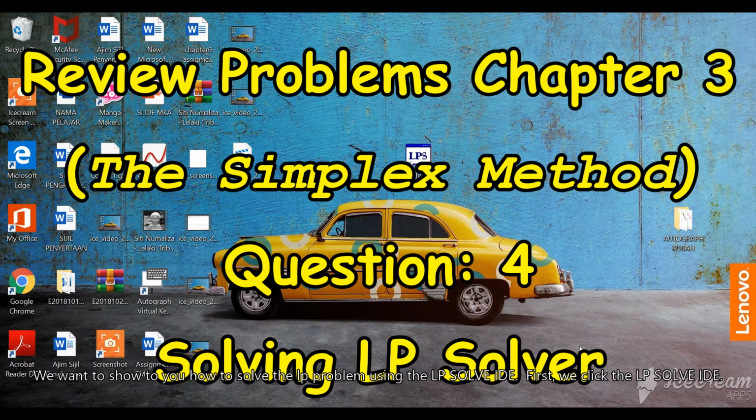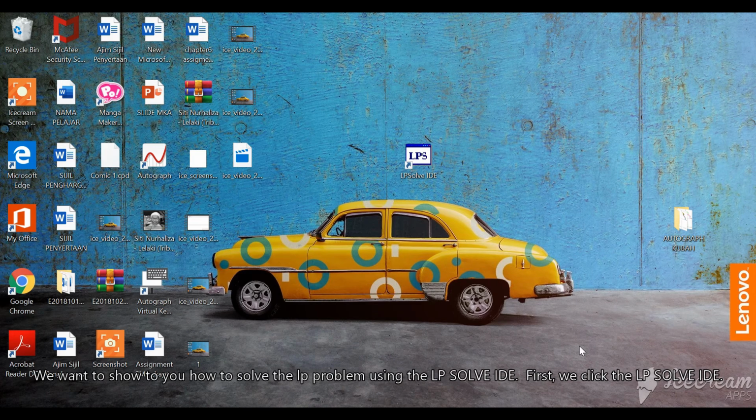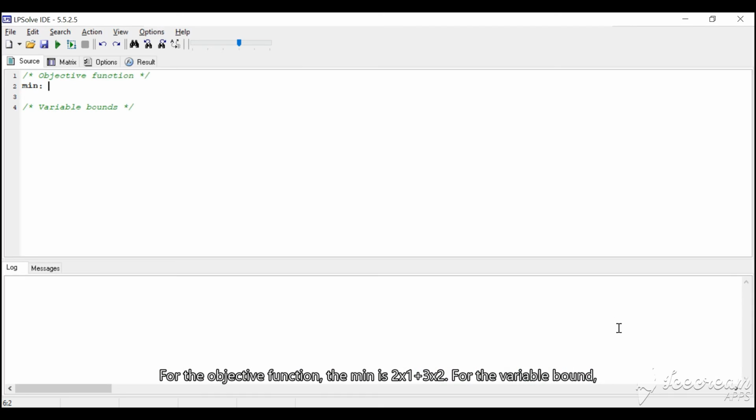We want to show you how to solve the LP problem using the LP Solve IDE. First, we just click the LP Solve IDE. For the objective function, the min is 2x1 plus 3x2.